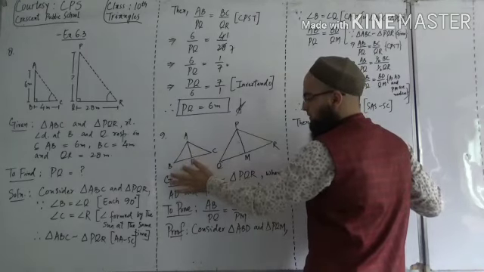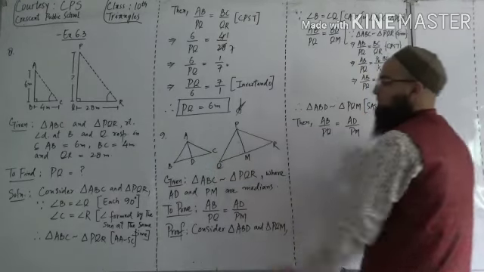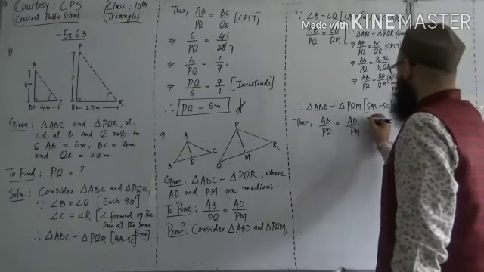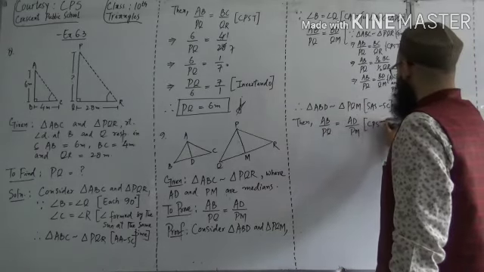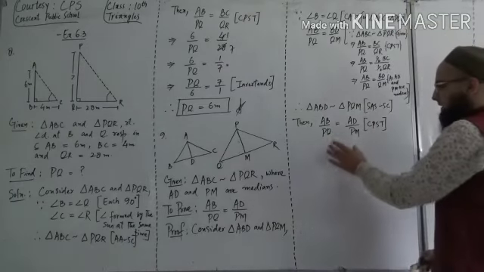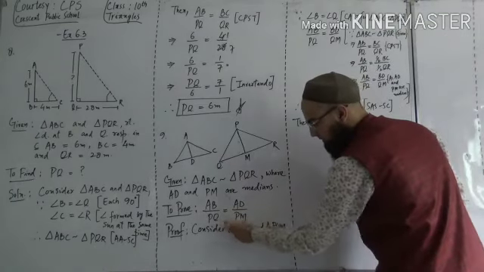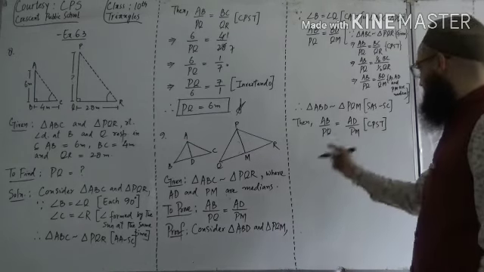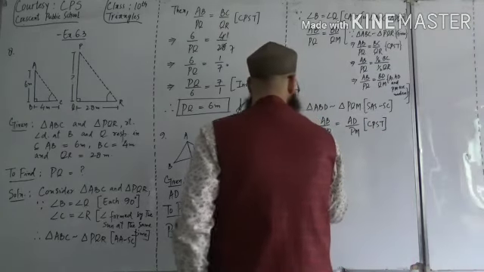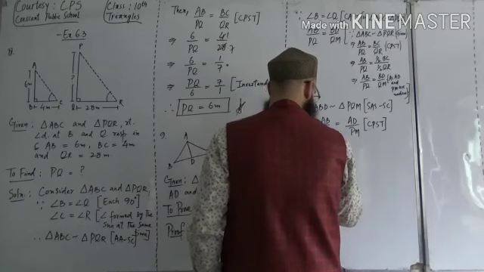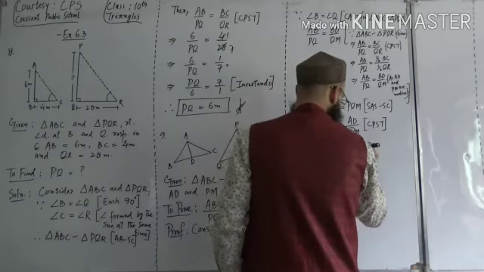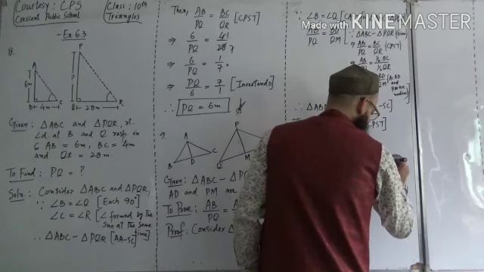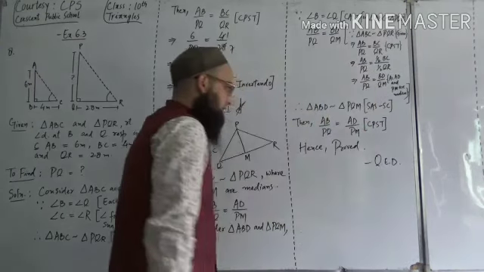AB by PQ is equal to BD by QM is equal to AD by PM. So I can use AB by PQ is equal to AD by PM, CPST. And that's it, we are done. We were required to prove AB by PQ is equal to AD by PM. We are done. Hence proved. Quod erat demonstrandum.